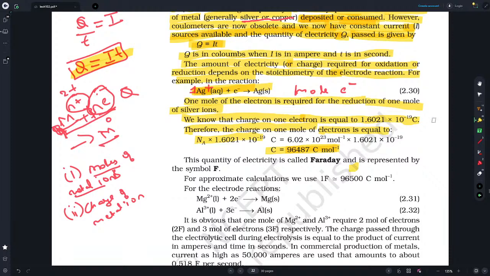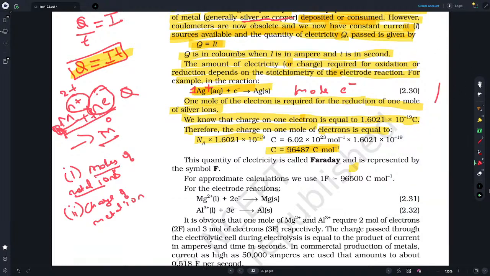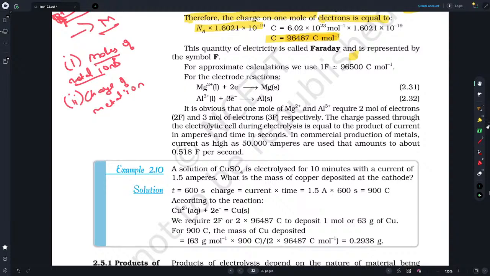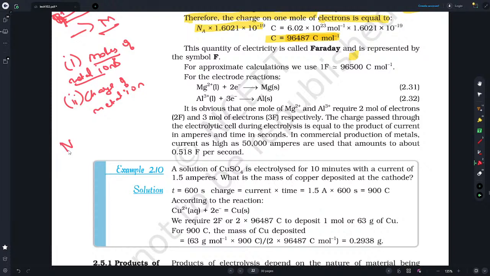We got the value because we multiplied Avogadro's number, 6 times 10 power 23, times the single charge on an electron, 10 power minus 19.